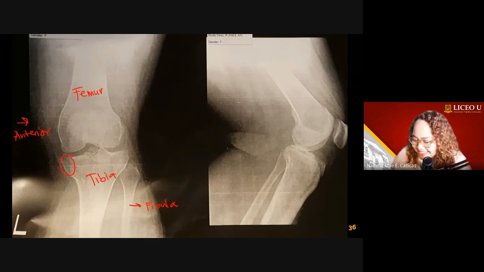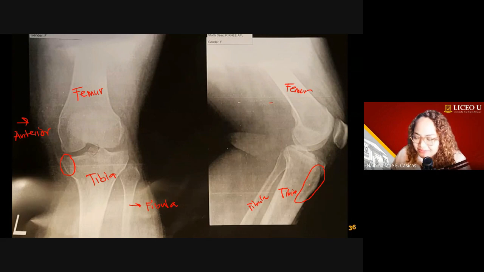It was even worse when I saw the lateral view. This is your femur, your tibia, and your fibula. When I saw this, I thought, look at that, it's a huge fracture.